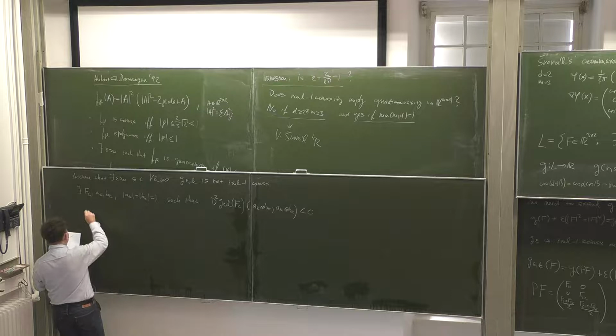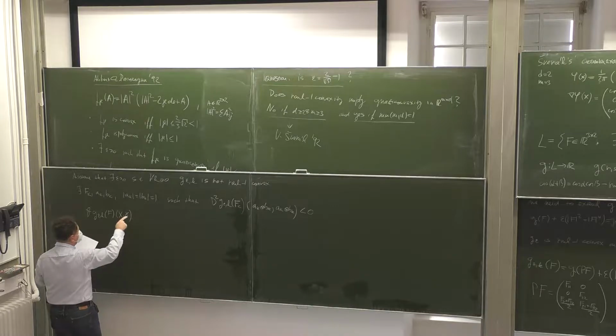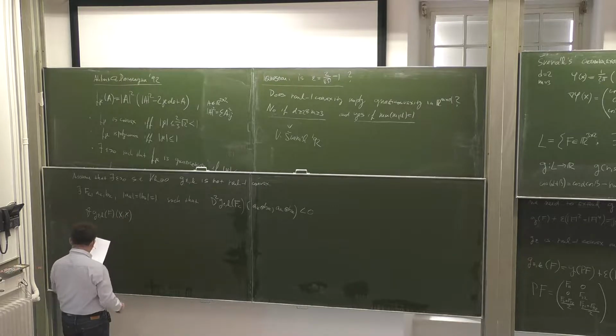So in a general matrix, capital X is now ak tensor bk.